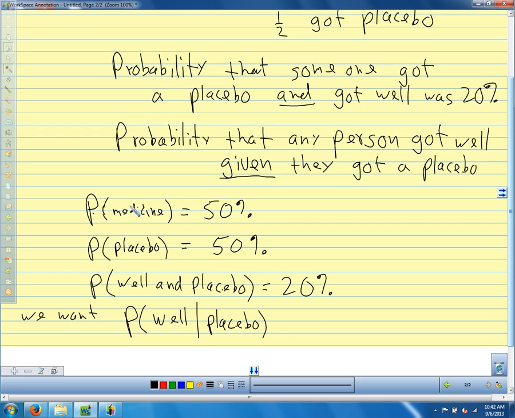Well, we have the probability of medicine, the probability of placebo, and we have the probability that they got well and they got the placebo. We want the probability that they got well given that they got the placebo.